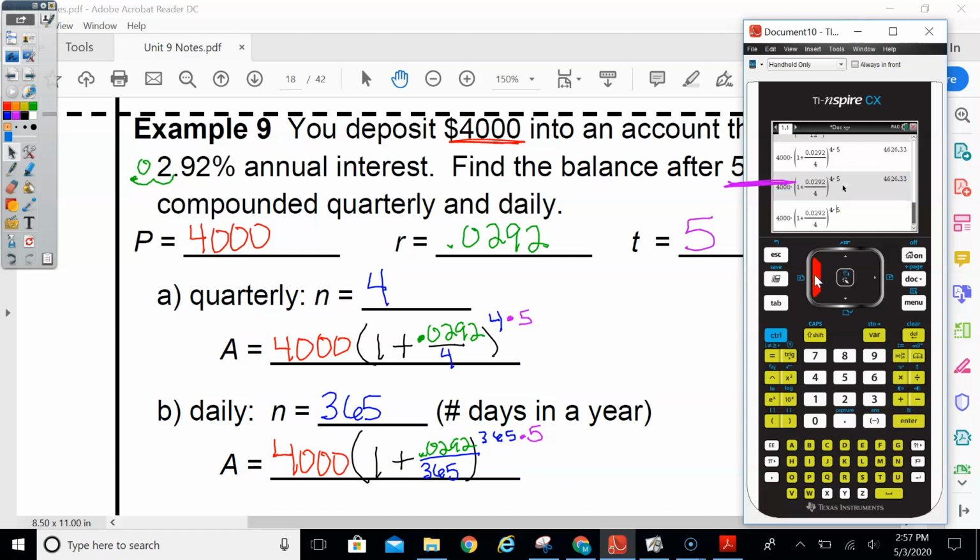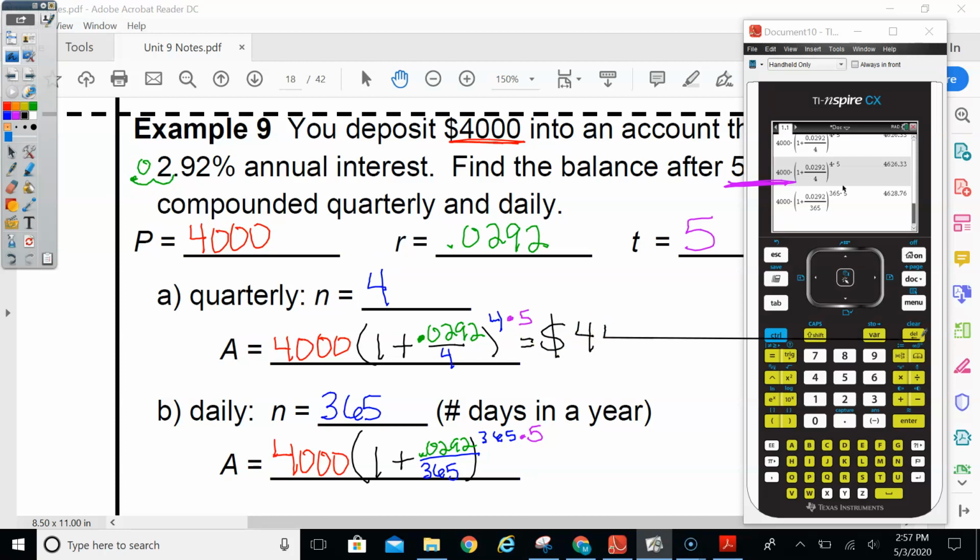Then it's just easier for me to change this number without having to figure out what that new exponent is. So 365. And then come over here and change this one to 365. And those are 2. So for the quarterly one, we get $4,629.33. And for daily, $4,628.76.